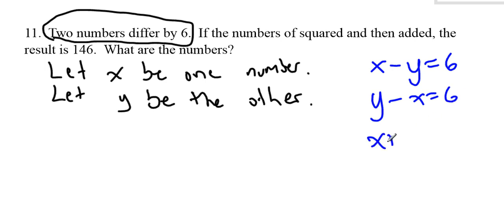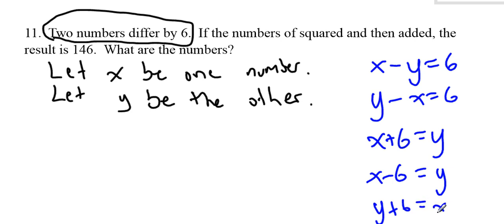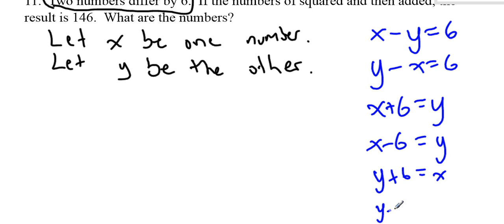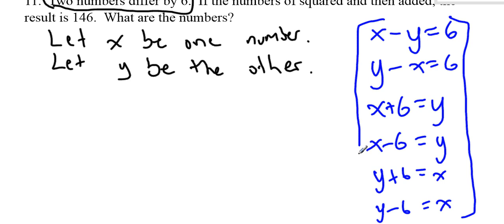I could also say that if I add 6 to x, I get y, or if I subtract 6 from x, I get y, or y plus 6 equals x, or y minus 6 equals x. All of these say that x and y differ by 6.